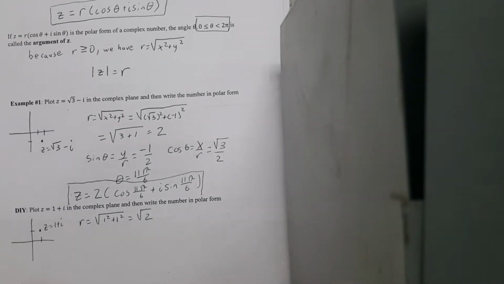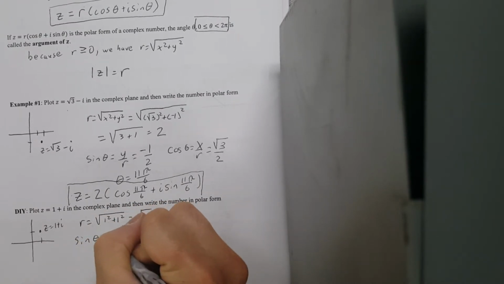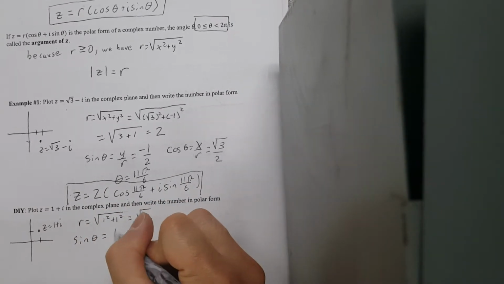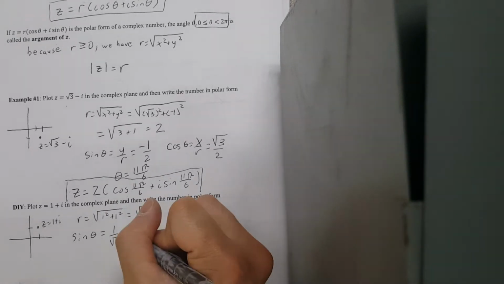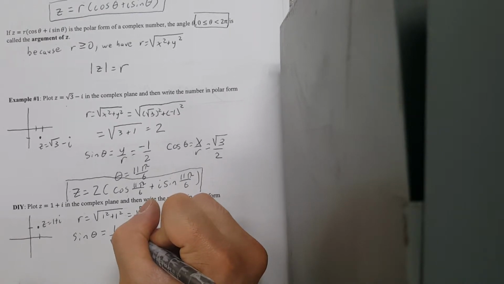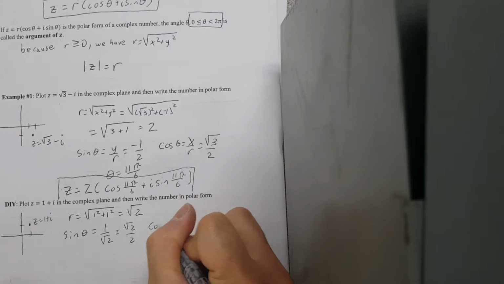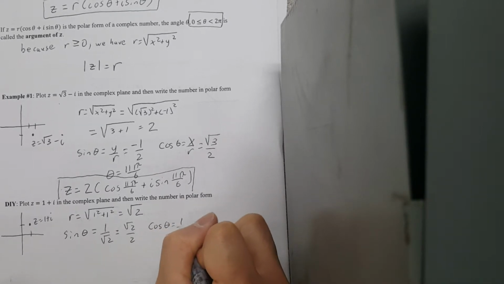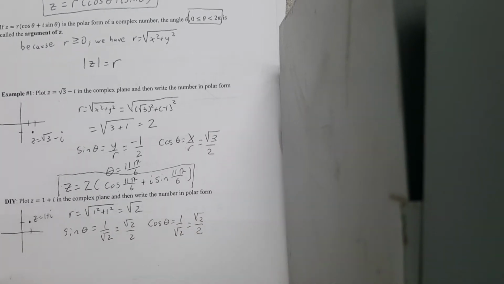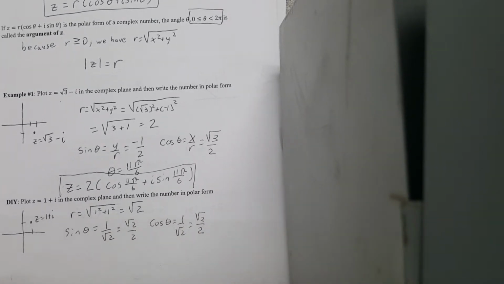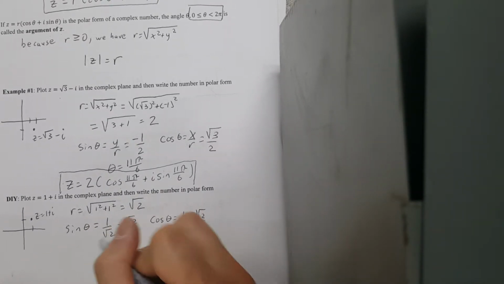And then I know that sine theta is equal to y over r, which is 1 over root 2. I rationalize this, and I get that this is root 2 over 2. And my cosine theta is also 1 over root 2, so it's root 2 over 2. Well, that's pretty easy. Which is my angle that has a sine and cosine of root 2 over 2? It's pi over 4.